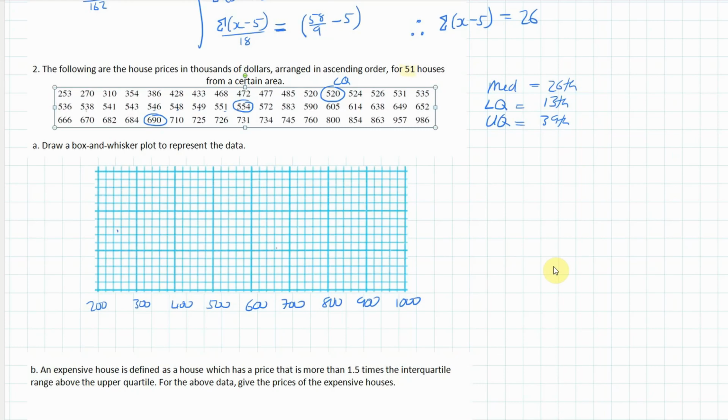And we know that we've got a lower quartile of 520, so 520 is about, well, each of these is worth 20, isn't it? So 520 is here. So we can join that up to there with a straight line. Of course, you guys are going to use a ruler. And then we've got a median at 554, which is approximately here.